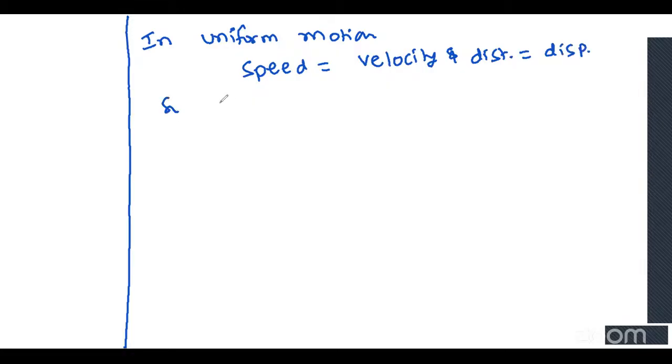So I can say that average speed equals average velocity. In uniform motion, both will be the same.